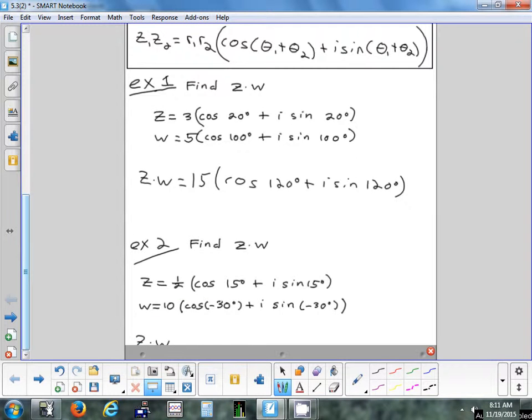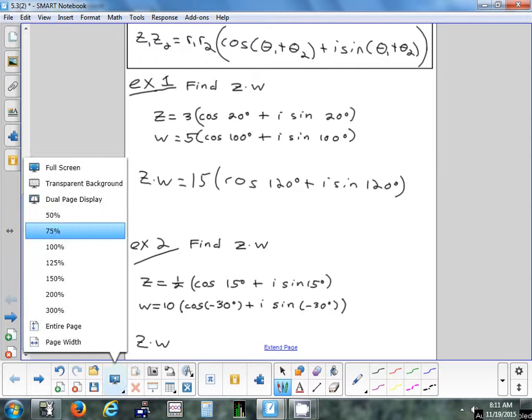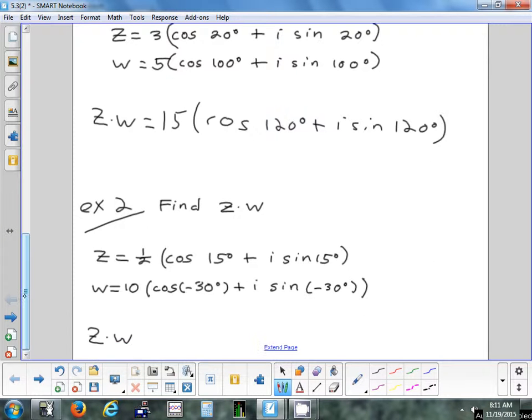All right, let's try this one. z is 1/2 cosine 15 plus I sine 15, and w is 10 times cosine -30 plus I sine -30. Does everybody have example 1? All right, what's my radius going to be here?